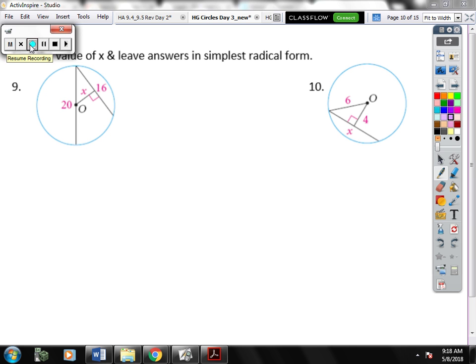All right, so for this one, we're given a diameter is 20. So the first thing we want to do is cut that in half to get 10 and 10. And again, since we know that this is perpendicular to the chord, it has to cut the chord in half by our theorem.